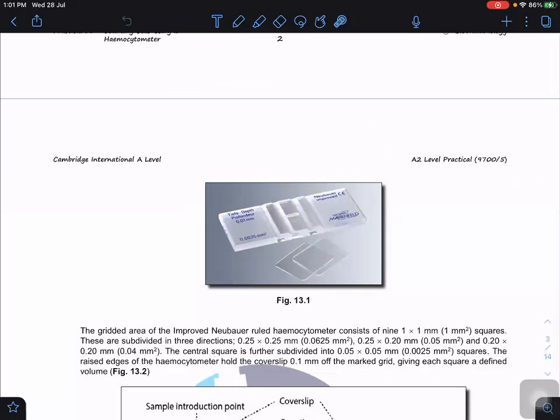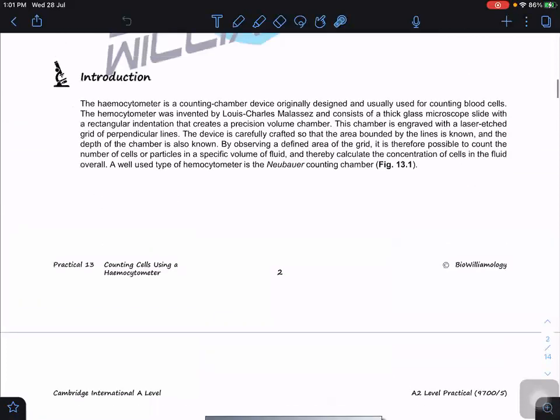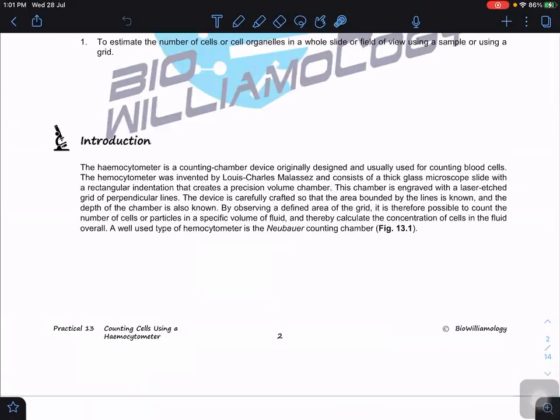The hemocytometer is a counting chamber device originally designed and usually used to count blood cells. That's why they call it hemocytometer. Hemo means blood, red blood cells. This chamber consists of a thick glass microscope slide with rectangular indentations that create a precision volume chamber, engraved with laser-etched grids of perpendicular lines.